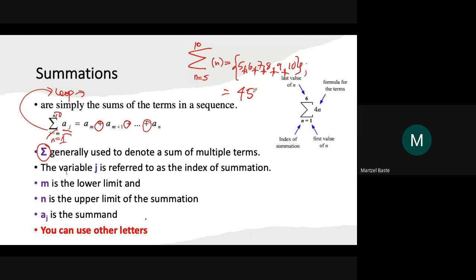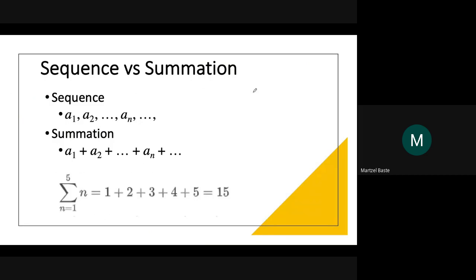So that is the summation. What's the difference between sequence and summation? When we say sequence, you just display the numbers. So let's say a sub 1, a sub 2, a sub 3, right? You just display the numbers, whatever the numbers are. Let's say your numbers are 1, 3, 5, 7, 9, etc. But if we talk about summation, instead of just displaying them, you are going to get the result.